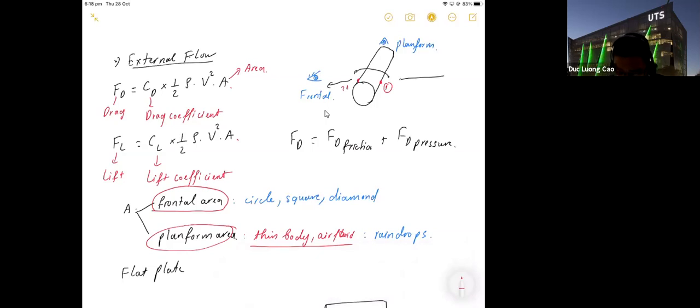P1 is positive, meaning P1 is higher than the free stream pressure, and P21 here is negative. So pressure at point 1 will be higher than pressure at point 21. When you have the pressure difference between point 1 and point 21, you will have a force applied to this cylinder, and this force is pressure drag, caused by the pressure difference between the front and behind the cylinder.